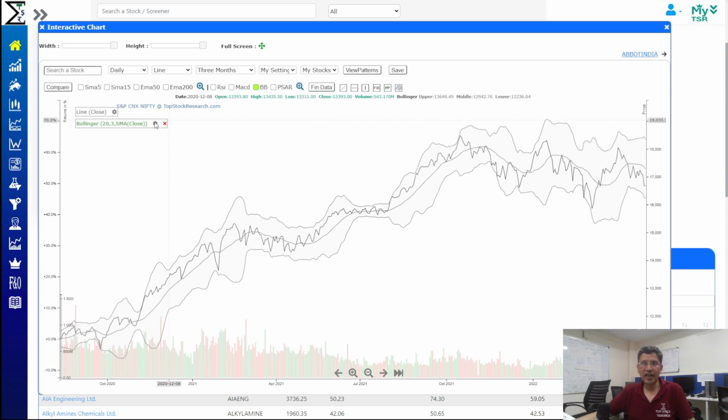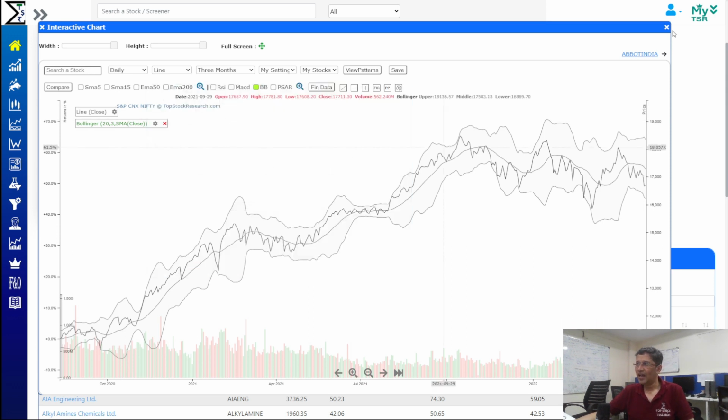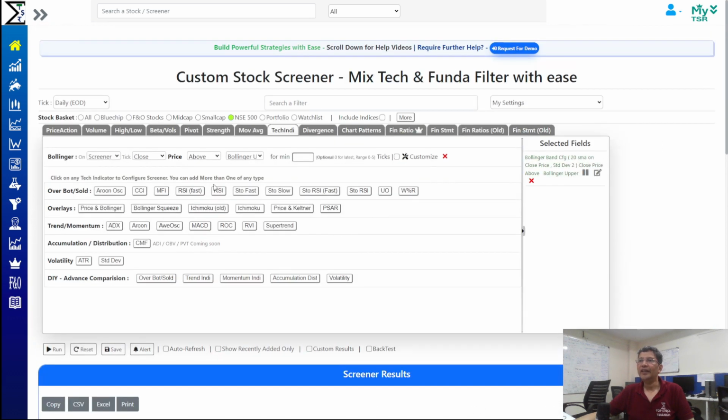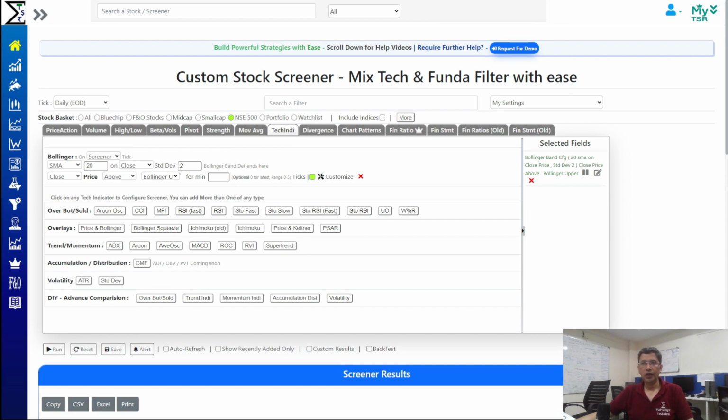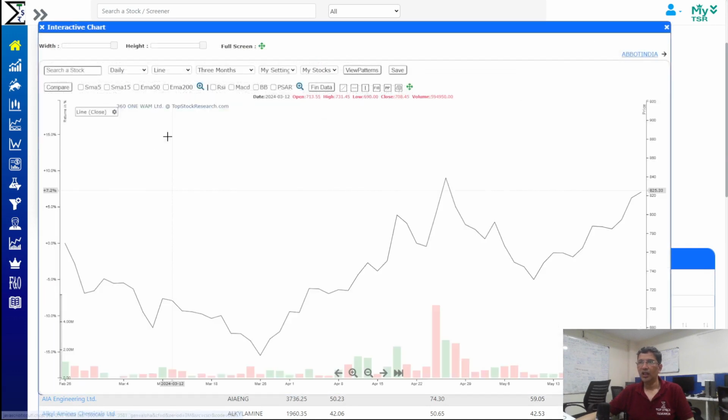Likewise, you are not restricted to 3 standard deviation. You have an option in the charts as well as in the screener. In the screener, you can always set what standard deviation you want: 2, 3, 2.5, 1, 1.5. When we take it to 1, let's say, right? We'll take again the example of Nifty with 1 standard deviation.